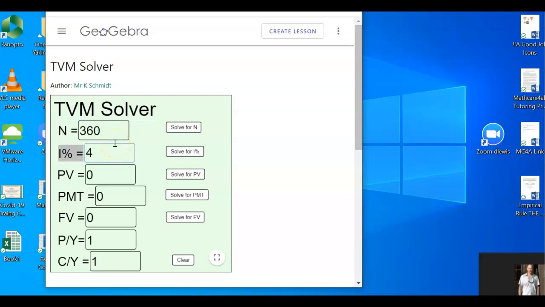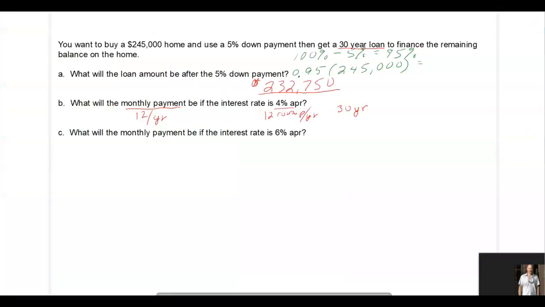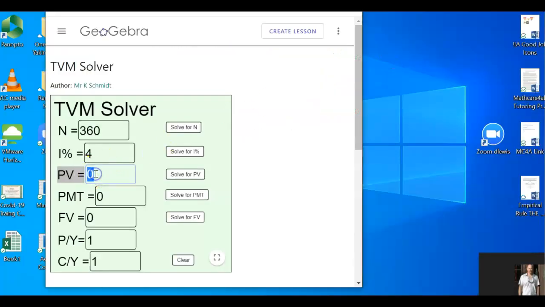You don't have to put in 0.04 because this is as a percent. Then the present value is the value of that loan, $232,750, and the payment is what we want to know. The FV is the future value, and that is going to be 0.